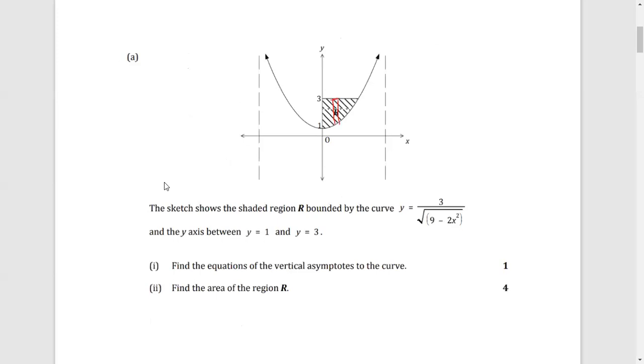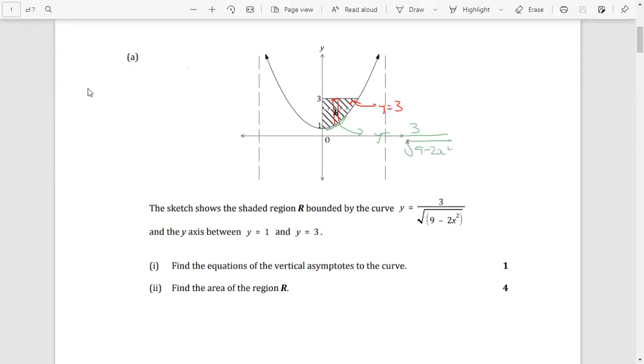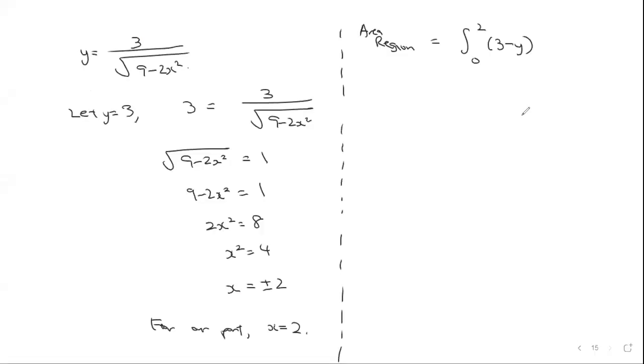So it's the top boundary, y equal to 3, minus the bottom, which is y equals 3 over the square root of 9 minus 2x squared. So the area is the integral from 0 to 2 of 3 minus 3 over the square root of 9 minus 2x squared dx.